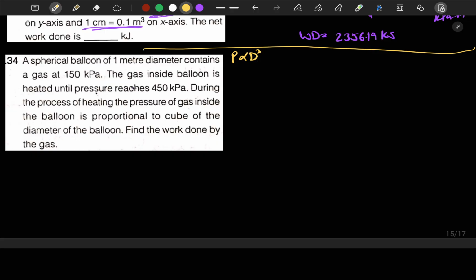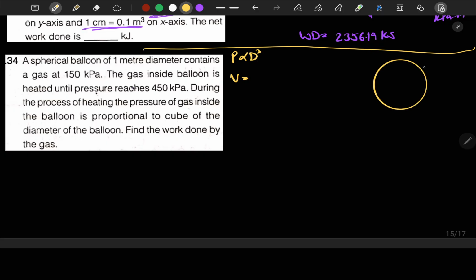So for work done, initially the pressure was 150 kilopascal and the final pressure is 450 kilopascal. During this process of heating, first we can draw a diagram for this.